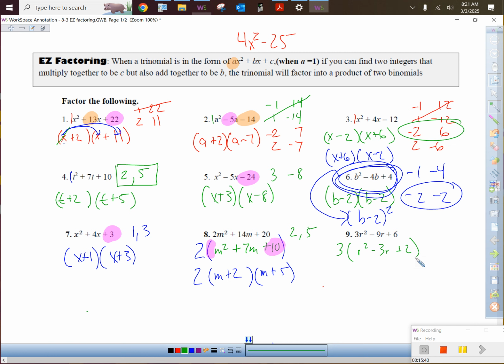And then look inside those parentheses to see if 1, that could be a perfect square trinomial, or 2, is it easy factorable? Like r squared is a perfect square, but 2 is not a perfect square, right? So that's not going to happen. So I need to find two numbers that multiply together to be positive 2, but add together to be a negative 3. Think about those signs.